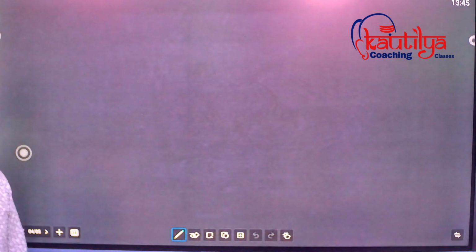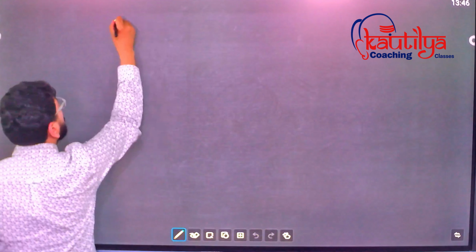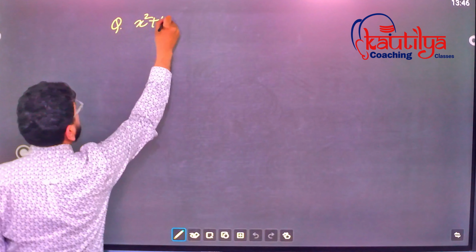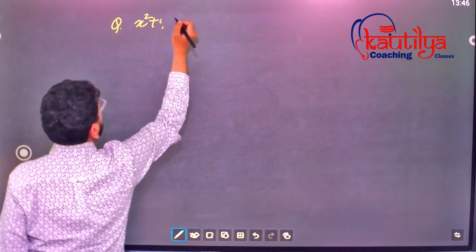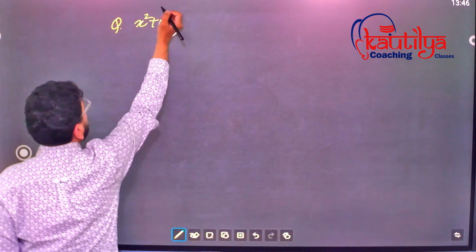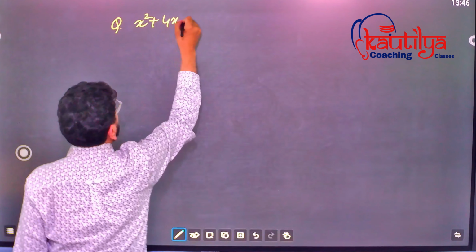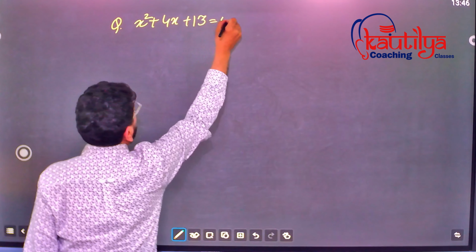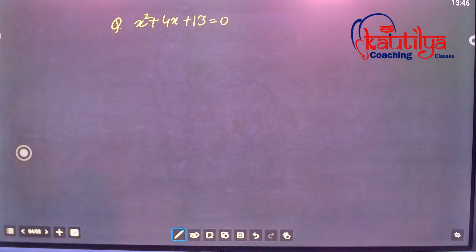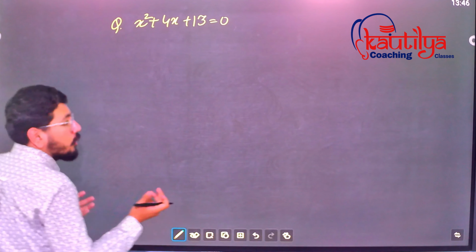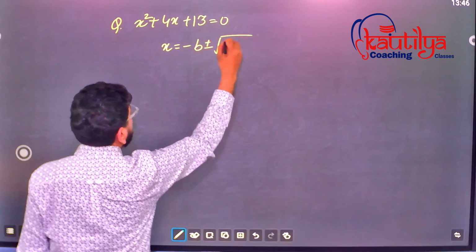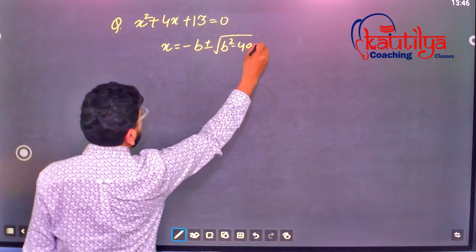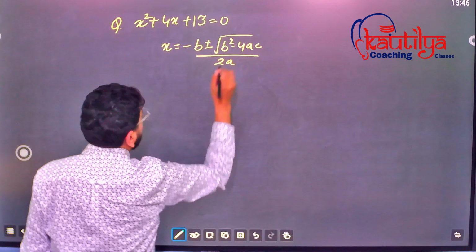Okay, x square plus 4x plus 13 is equal to 0. Now I have to find out the roots for this equation, but we know the quadratic formula, that is x is equal to minus b plus minus under the root of b square minus 4ac, divided by 2a, right?